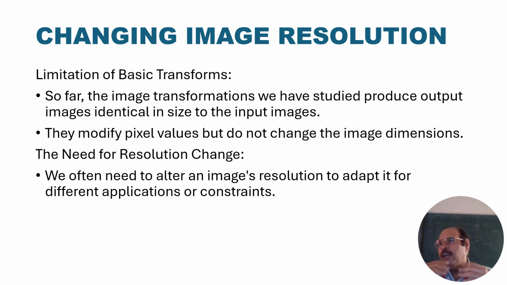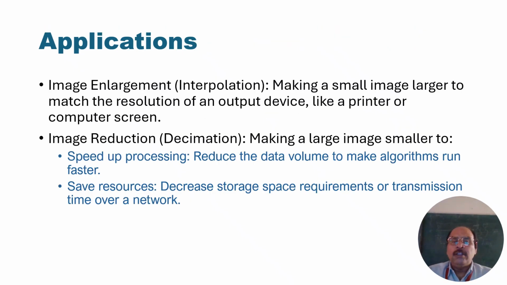Okay, so we have so many applications with respect to changing the size of the image. Among that, we have two things. One is interpolation, making a smaller image bigger, and decimation means making a bigger image smaller.